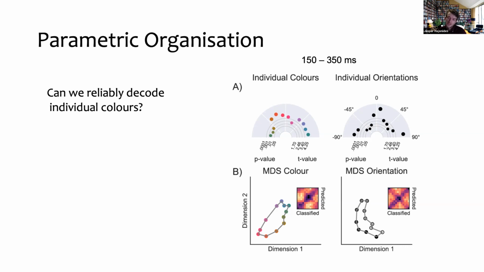Although, and this has also been described in previous studies, we do show that it's not completely driven by these separations, so that it is more a parametric distribution, which can also be seen in individual colors and in the fact that it's actually somewhat circular, that they're not even more clustered together. So it is a concern, but it's probably not.